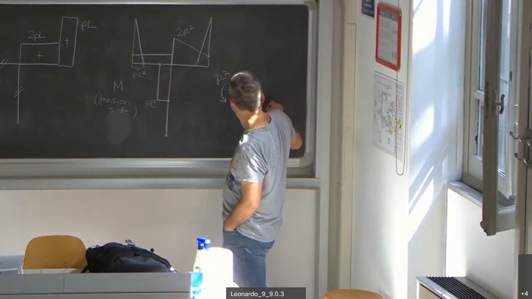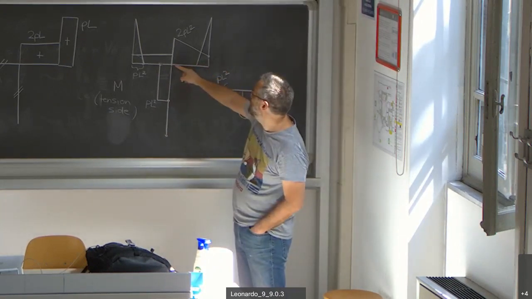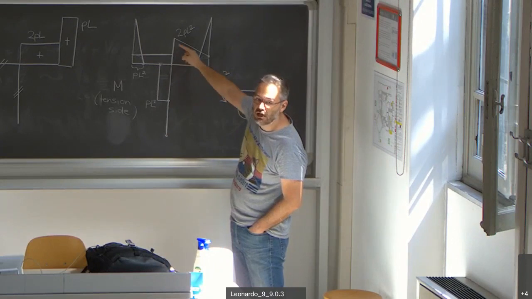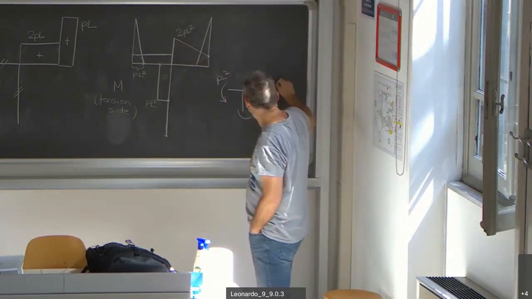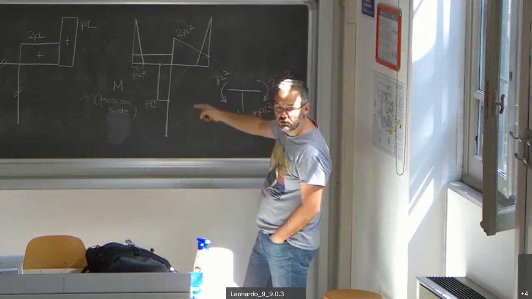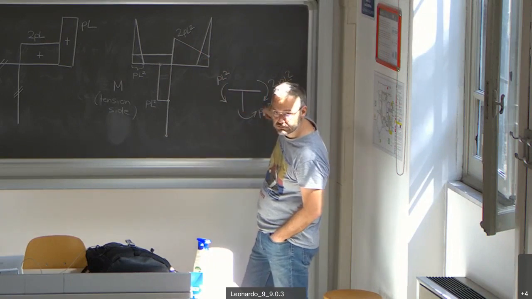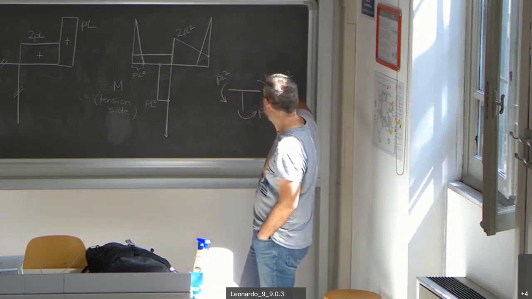What do we have coming from the right? A moment which puts tension at the top, whose value is 2PL squared. Do you see that the node is in equilibrium? PL squared, 2PL squared.